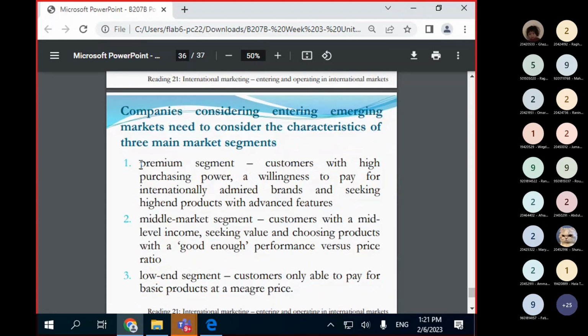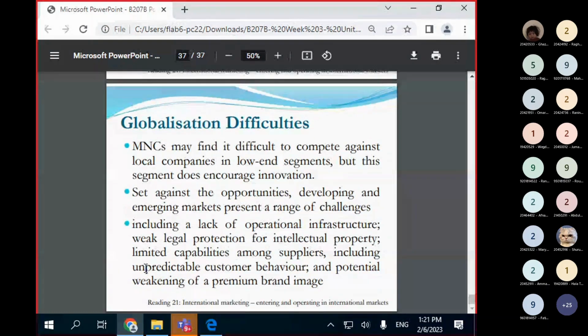Also, you need to understand if you are selling your product in the premium segment, this is the most expensive segment, or the middle market segment, which is for middle class people, or the low end segment, okay, where customers are only able to pay for the basic products at a low price. Okay, so you need to understand who you are targeting, the very rich or the middle class or the poor, depending on who you are targeting.